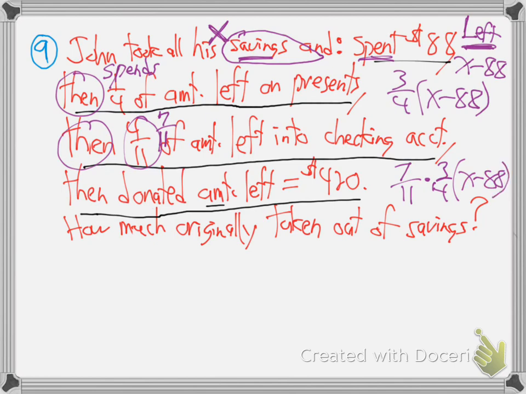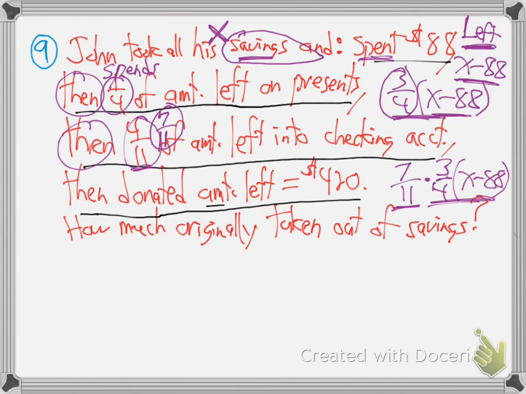To get it, we just keep taking the last amount and multiplying by the remaining amount. We start with X and subtract 88 because he spent 88. Then he spends 1/4, so that puts a 3/4 in front. Next, he spends 4/11, so that means he keeps 7/11 of the remaining amount.